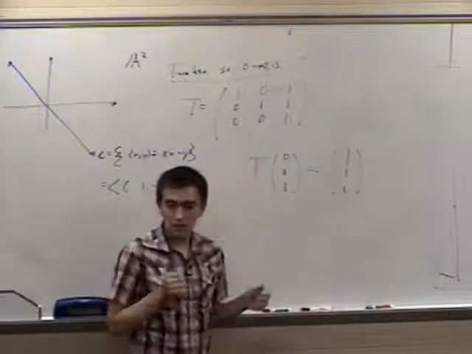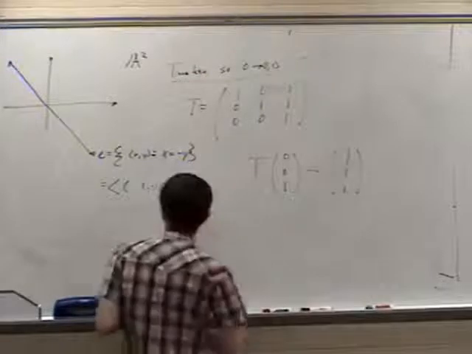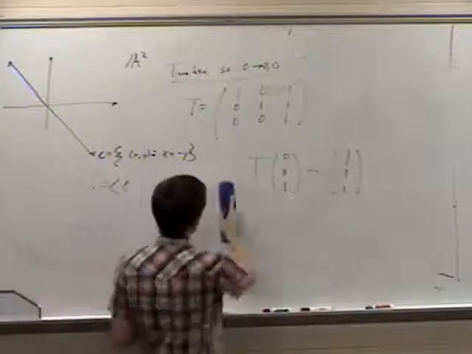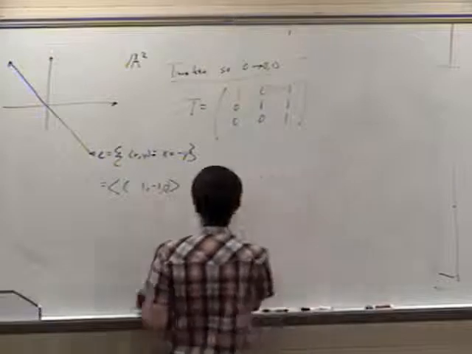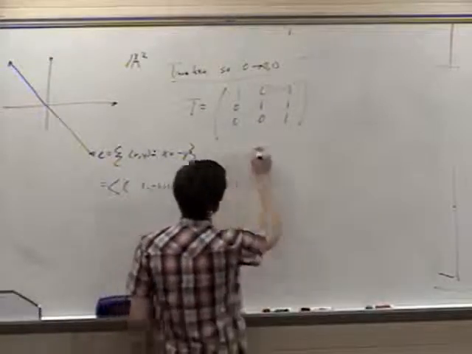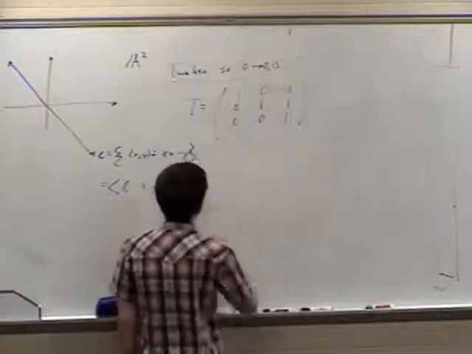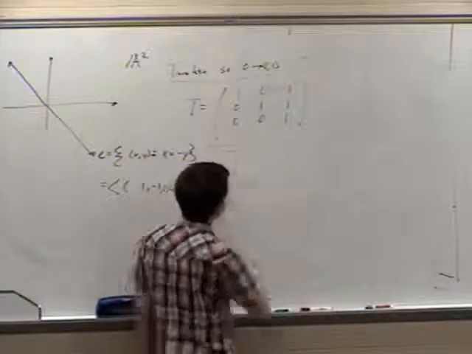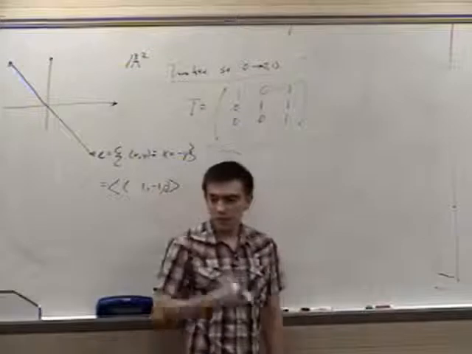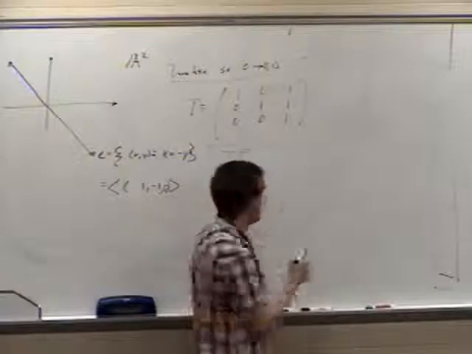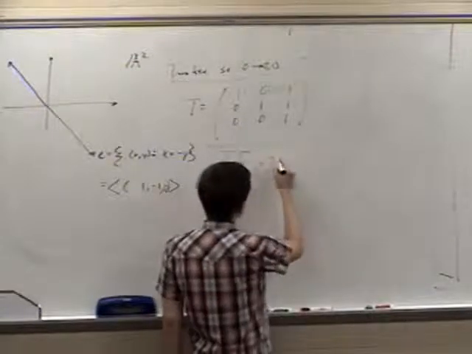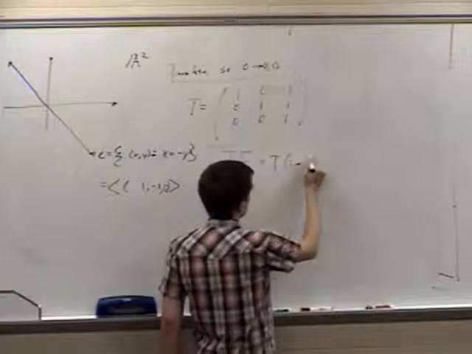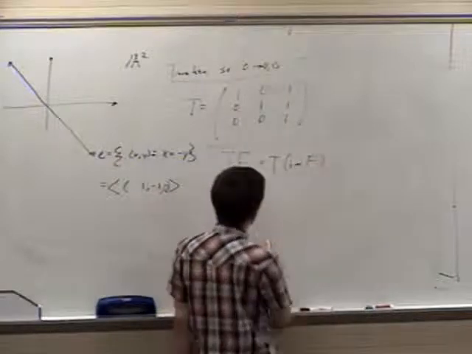This is the correct matrix for T. Now, suppose that we want to apply T to some flat. We take T and multiply it by a flat F, and suppose F is a primal flat. So that means we're computing T times F.